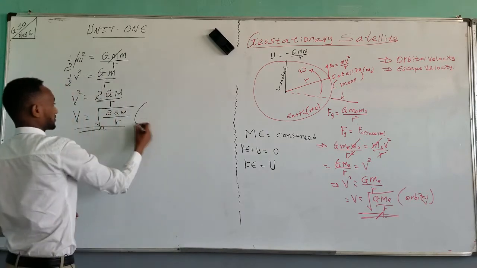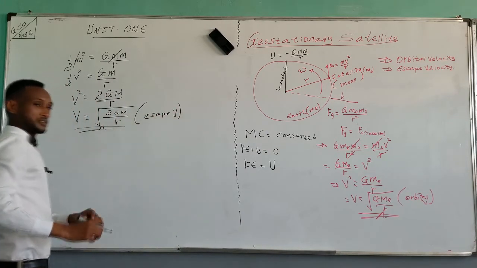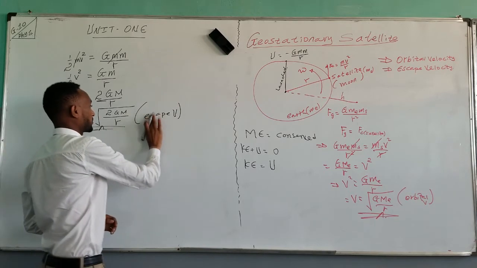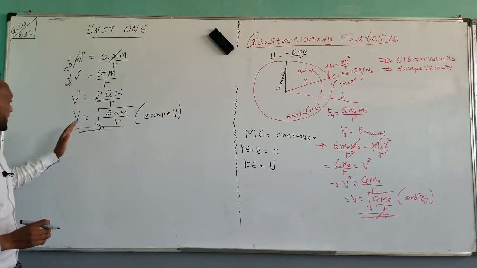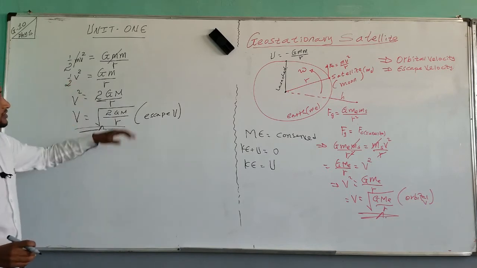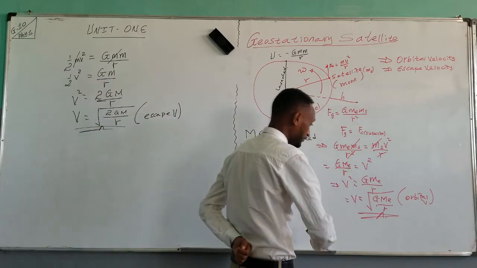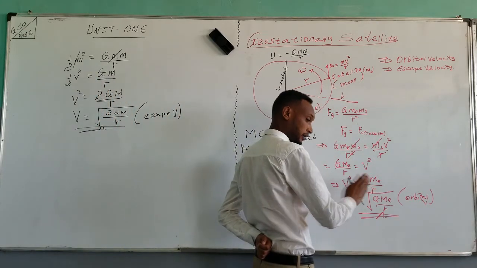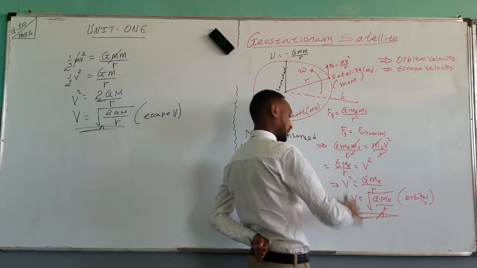So this one is the escape velocity, the velocity by which the satellite can be launched out and reach the maximum potential of the Earth. From these equations, you can see that the orbital velocity of a satellite is independent of the mass of that satellite.